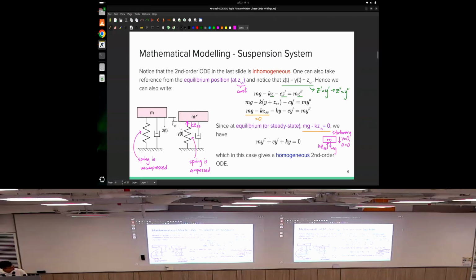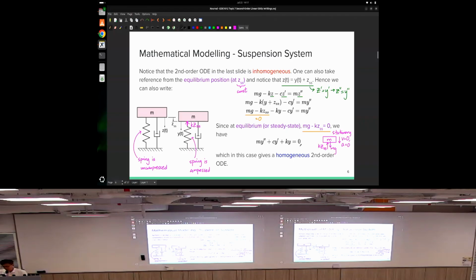Once you have that, your mg and kz term is going to cancel off exactly, because this is what happens at steady state equilibrium. That means when the mass is suspended by the spring and there are no other forces acting. So when that happens, you will get a homogeneous second order ODE to solve, which will be much easier, as you will see in a bit.